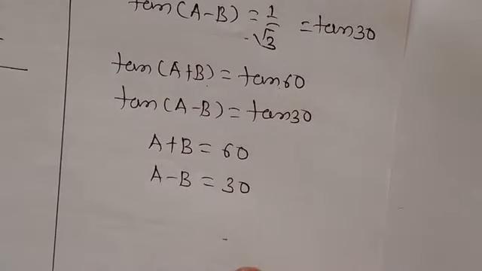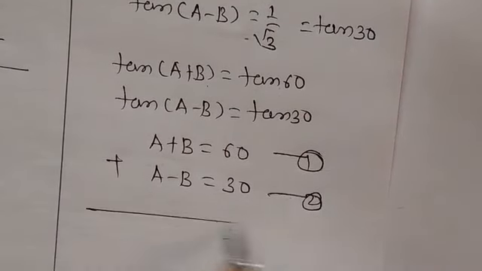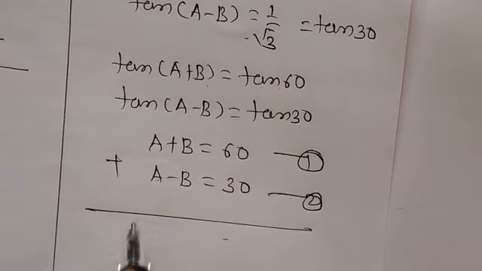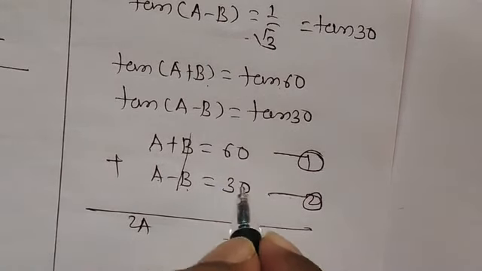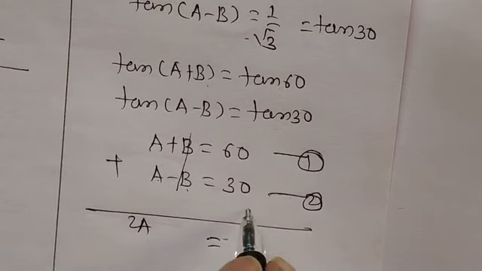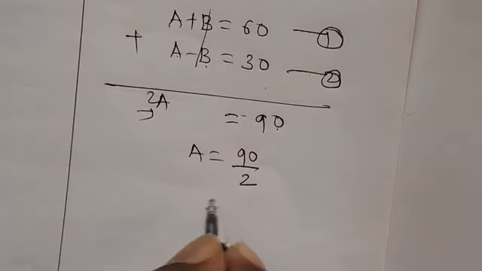Equation number 1, equation number 2, solve this, add them. A plus a, twice a, plus b minus b cancel, then 60 plus 30 is 90. Then a is equal to 90 by 2, 2 is shifting to that side. A is equal to 45.